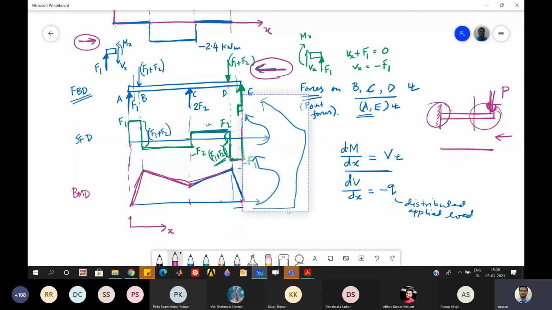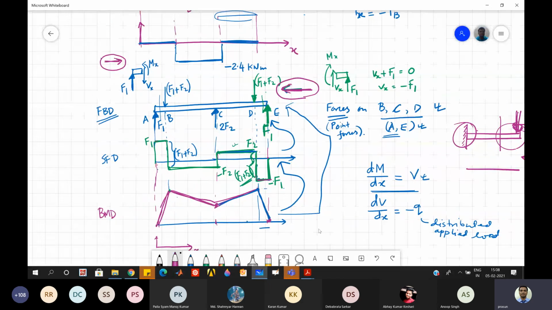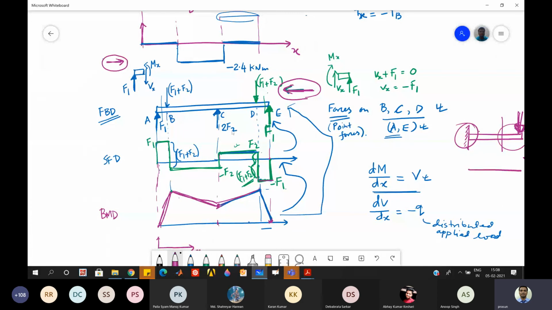Yeah. Now coming to the last point. This particular bending moment diagram is the result of this force. Now if I ask you to find a legitimate beam with boundary conditions, what will be your final beam configuration?